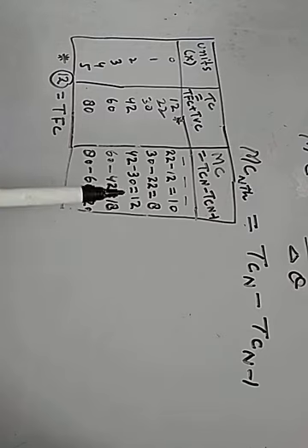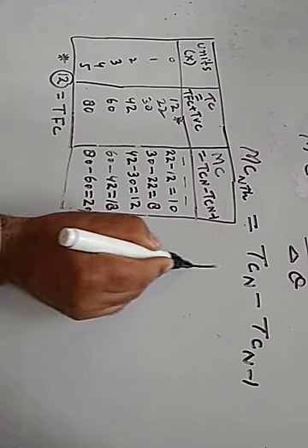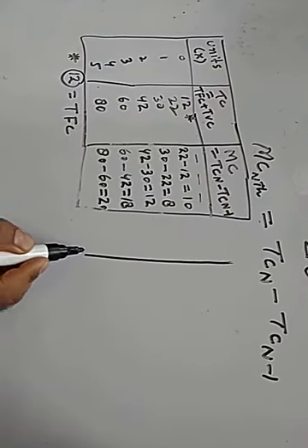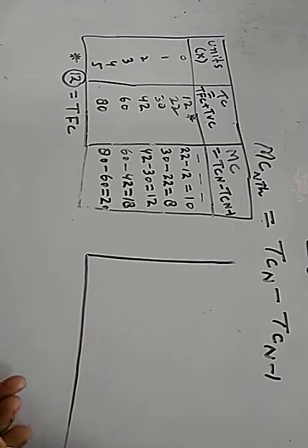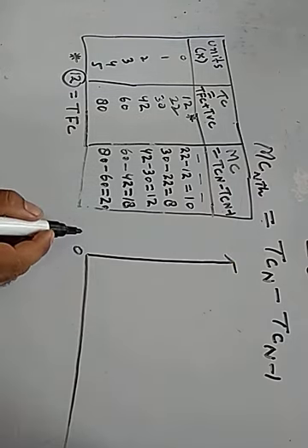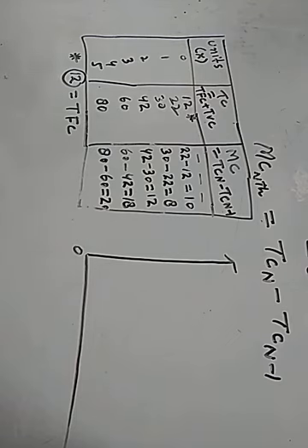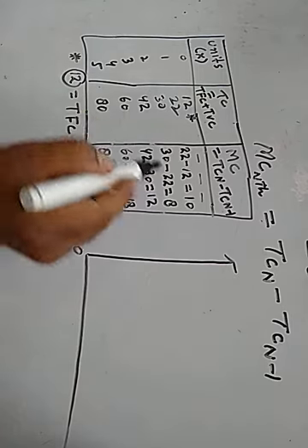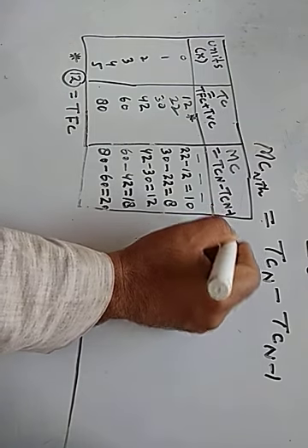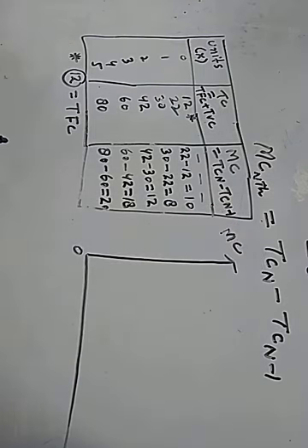Now we can show these data, these values, in the form of a graph, that is the marginal cost curve. As you know, on the y-axis, or vertical axis, we take the value of cost. Here we have to show marginal cost, not total cost. Therefore, we will take the value of marginal cost on the y-axis.